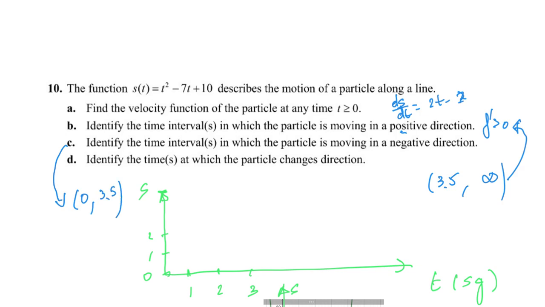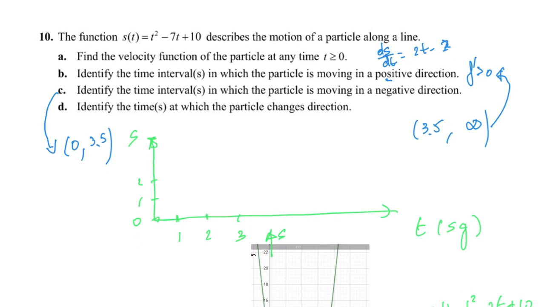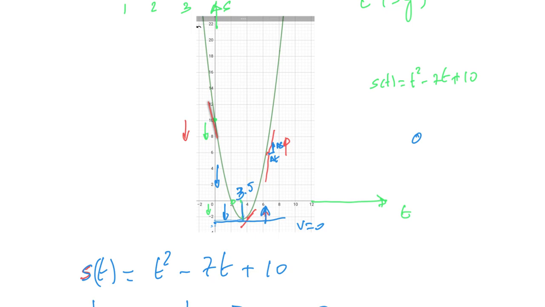And now the last question says, identify the time at which the particle changes direction. This is an interesting question. The particle is moving downwards from t equals 0 to t equals 3.5. And from t equals 3.5 to infinity it is moving upward.